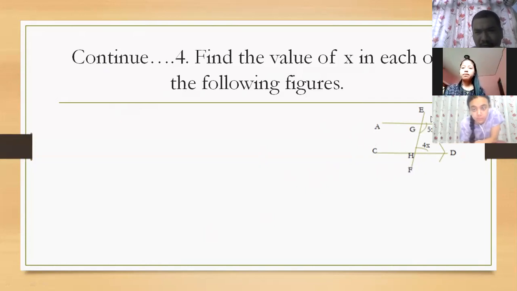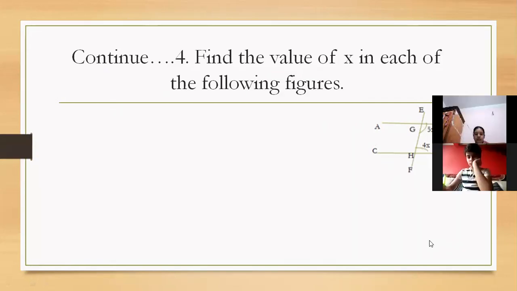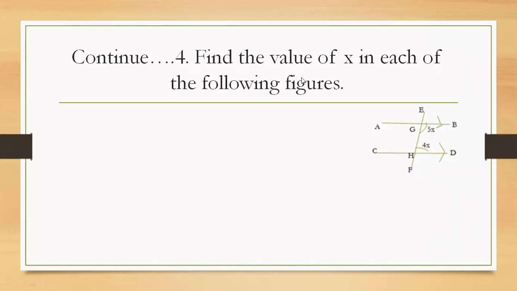How to find out the value of x here in this figure? What type of angles are they? What type of angles? Tejas, what type of angles are these given ones, 5x and 4x?